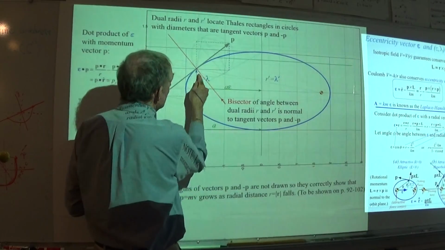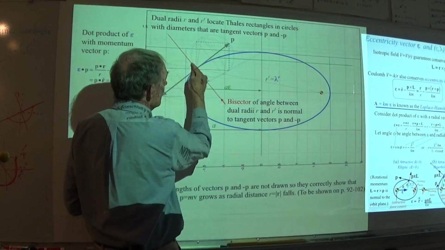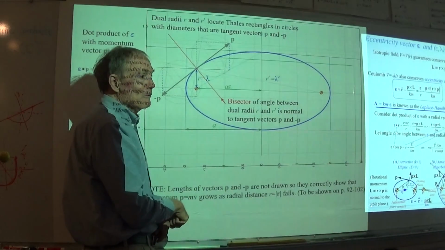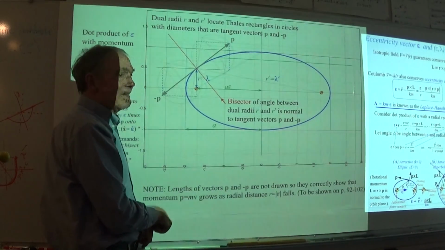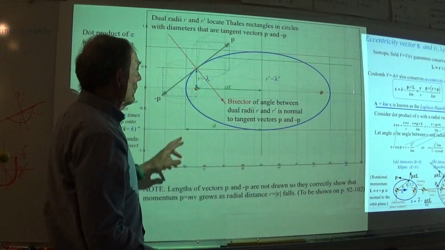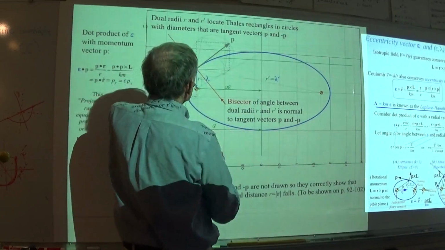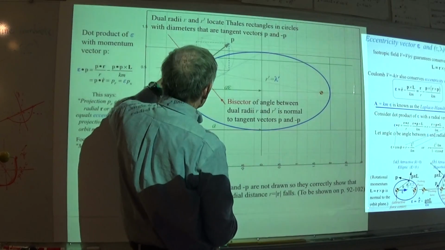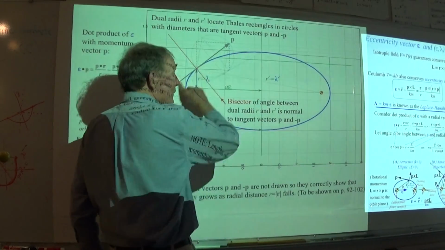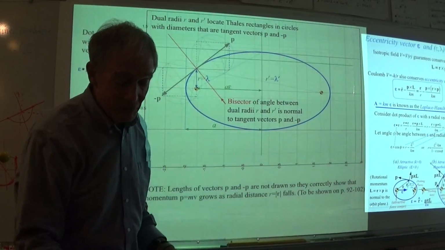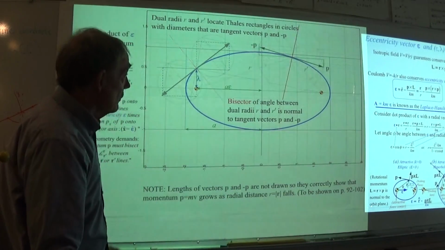So that would give me a hyperbola around this focus. You follow me on that? So you can either make the sum constant and you go this way, or you can make the difference constant and you go perpendicular to this one. That's the main point.